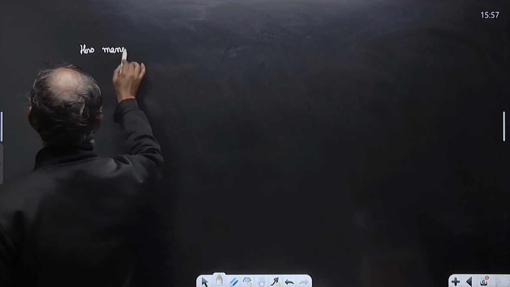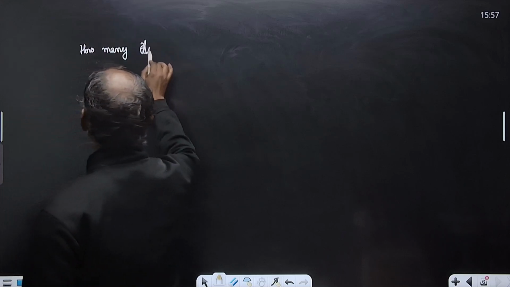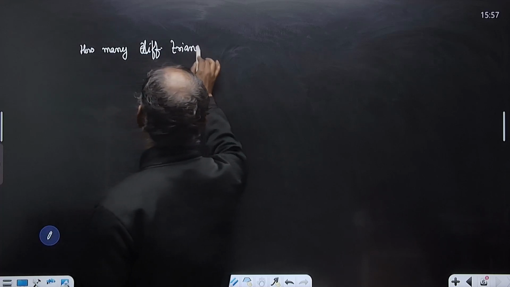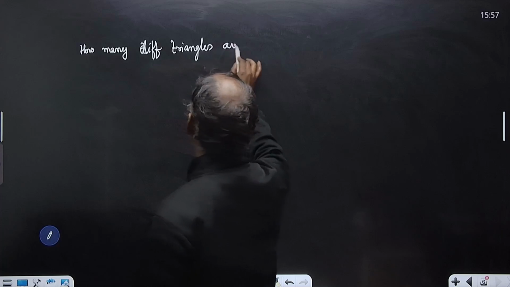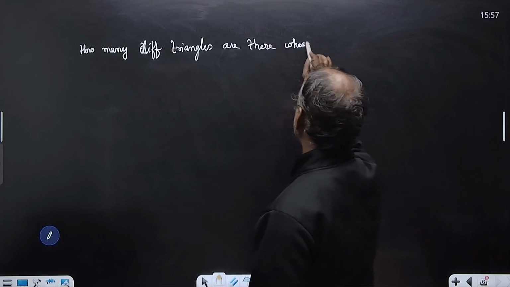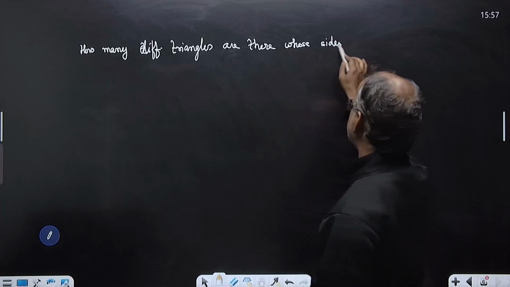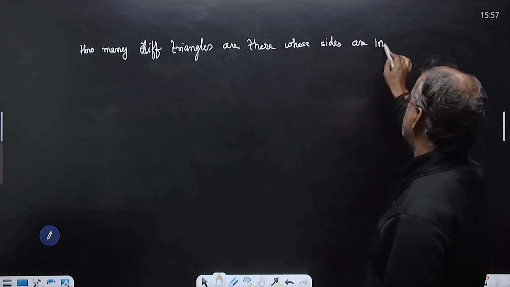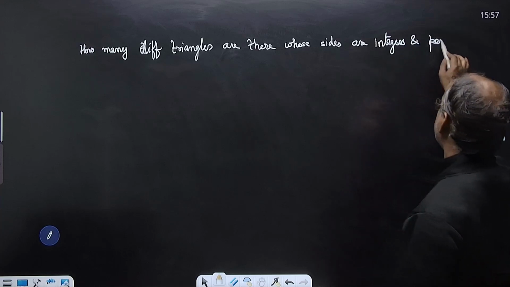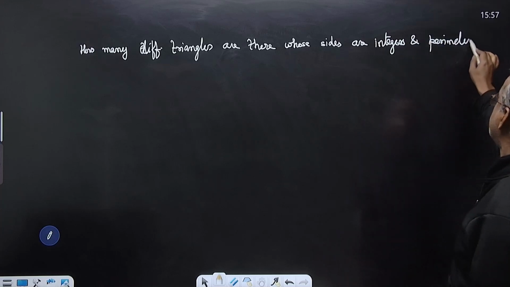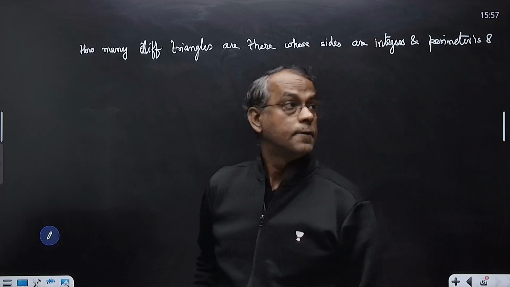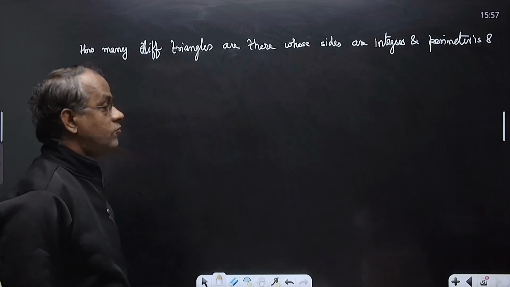How many different triangles are there whose sides are integers and perimeter is say 8? Okay, perimeter is 8. So how many triangles would be there?